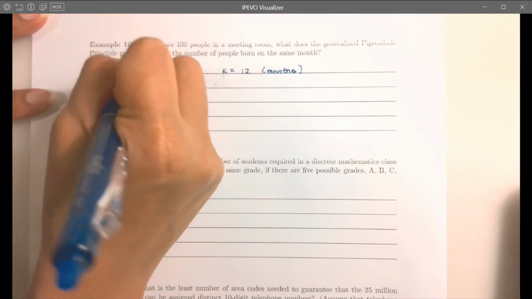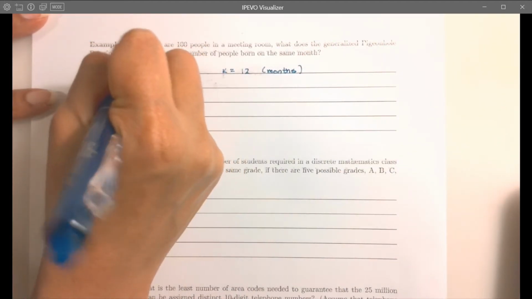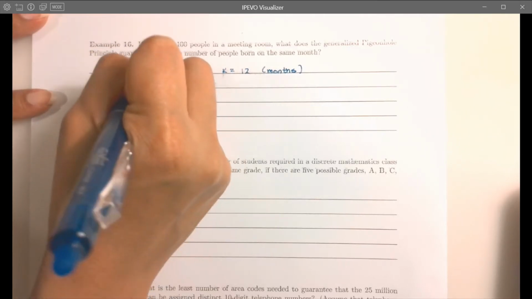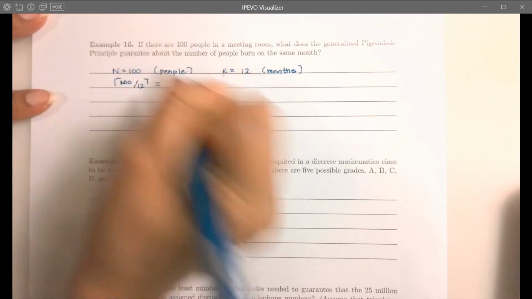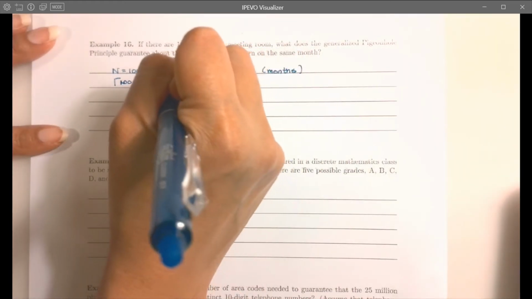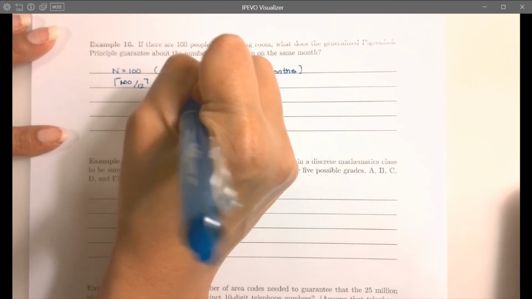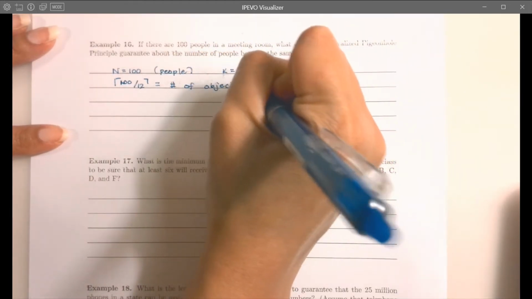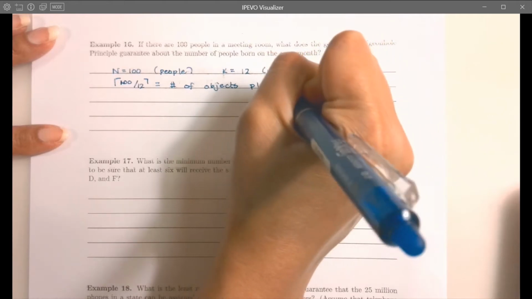Now, in general, that means that the pigeonhole principle would guarantee that there would be ceiling of 100 over 12 objects in at least one box, right? So this would be the number of objects placed into at least one box.